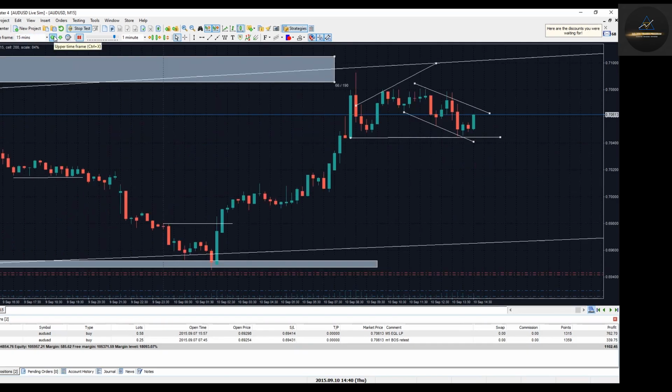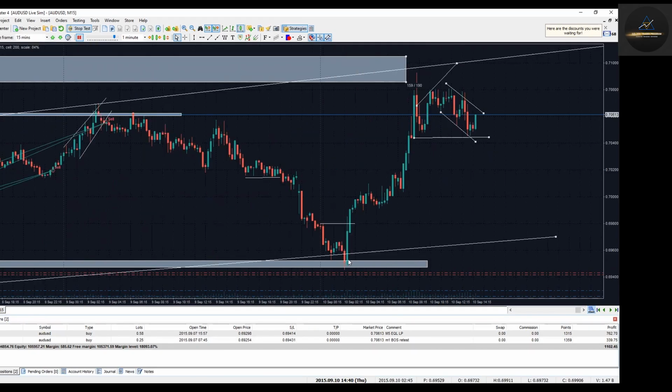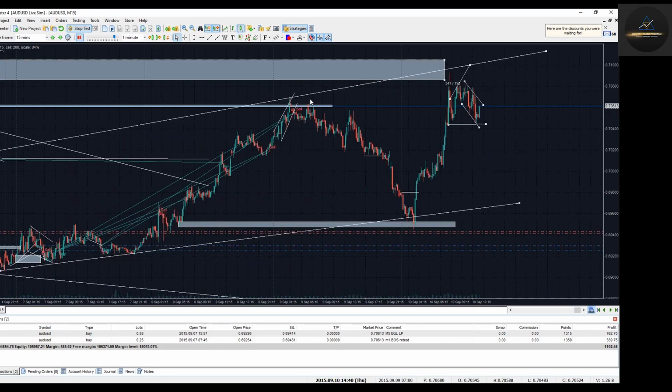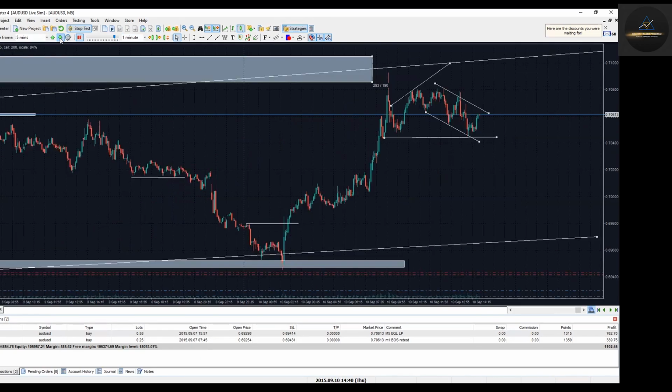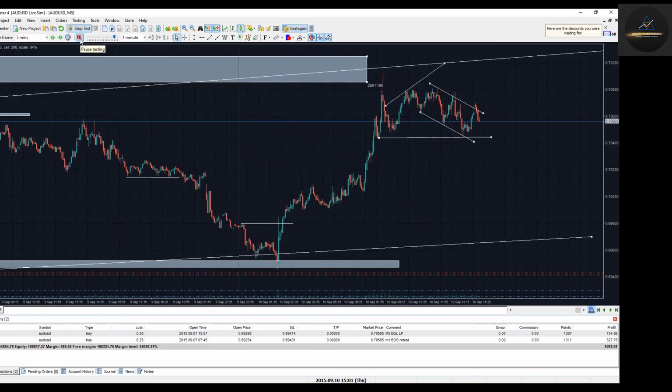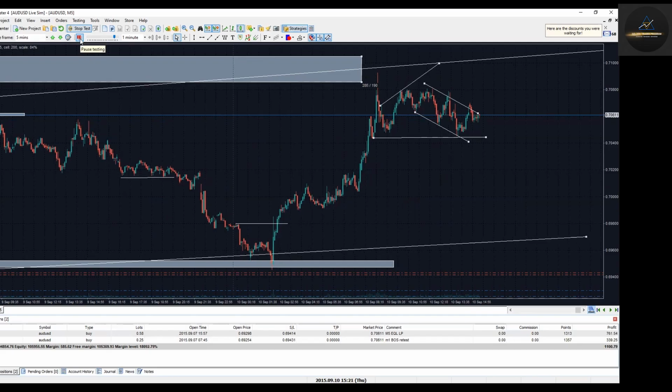Do I really want to long it from here? So we've got impulse. Let's zoom out. We've got impulse, correction, impulse, correction. No, I don't want to long it from here. I'd rather short it for a quick 3 to 5 hour. So let's keep going. Let's wait for that breaker structure.